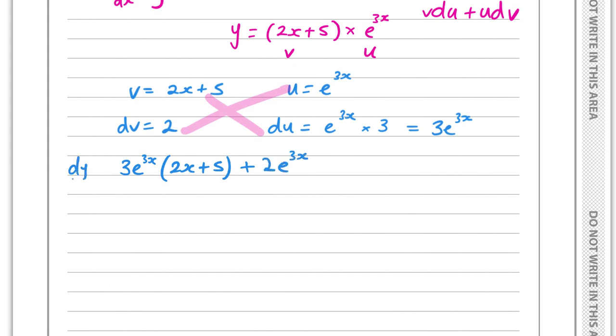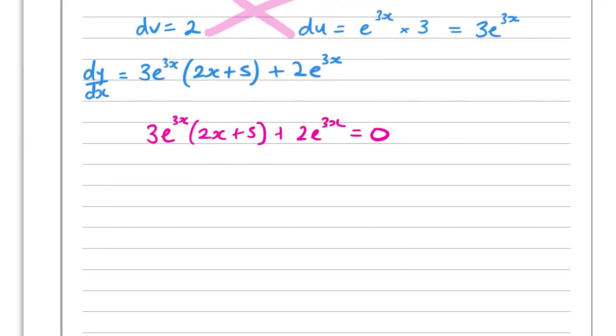So this is what dy by dx equals. Now, if I put this equal to 0, I get 3e to the 3x, lots of 2x plus 5, plus 2e to the 3x equals 0. This is going to enable me to find my x-coordinate of my stationary point.